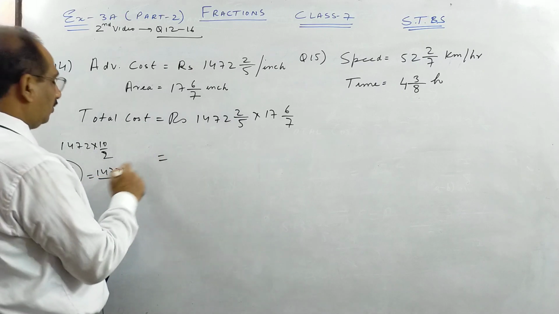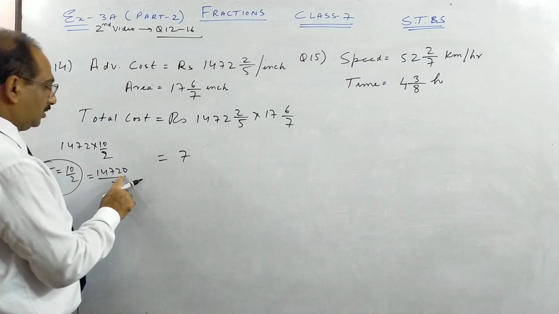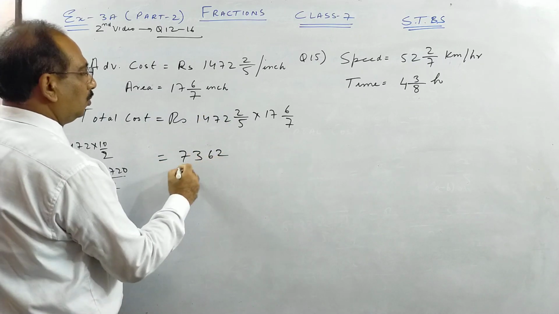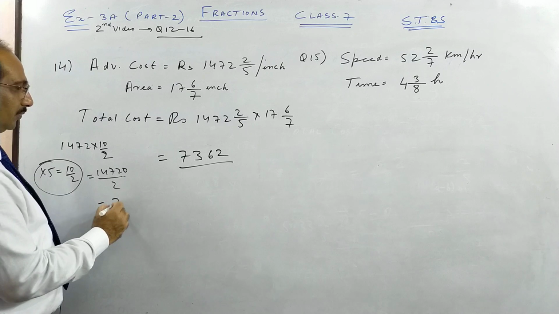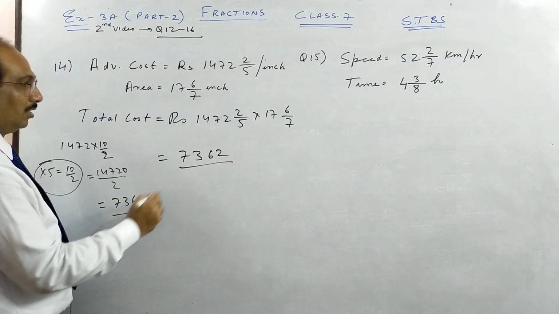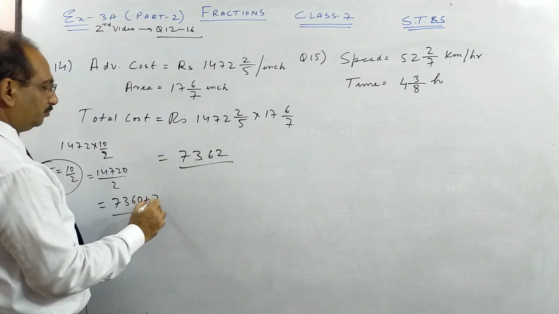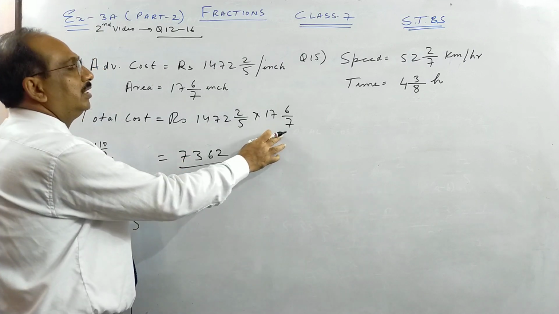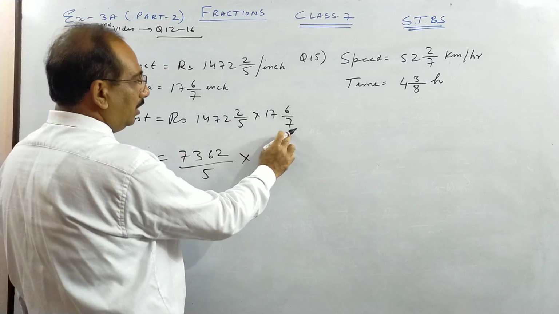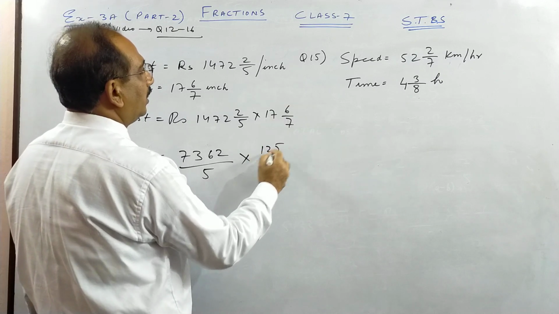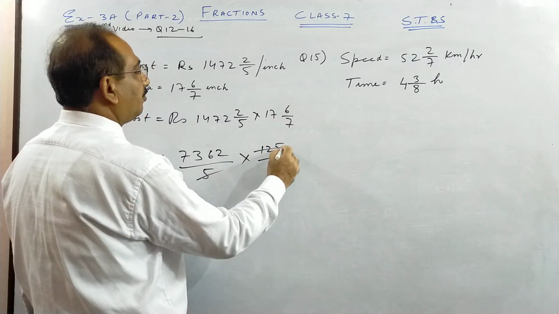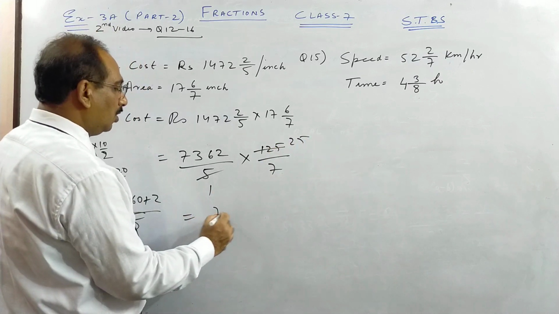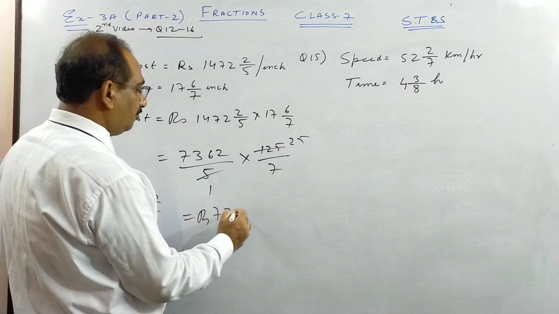Half of 14,000 is 7,000, half of 720 is 360. But 2 you have to add. This will give you this much. But this into this plus 2 upon 5, and this is 17 7s are 119, plus 6 is 125 by 7, and 5 will go 25 times. So this much rupees you have to pay.